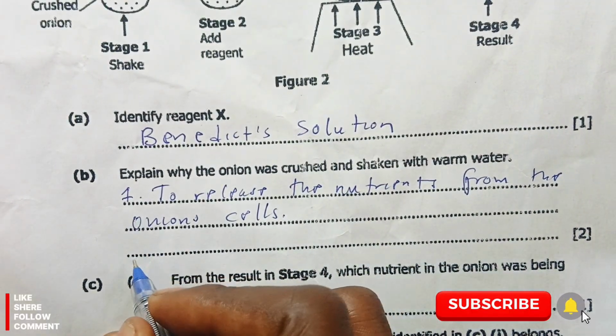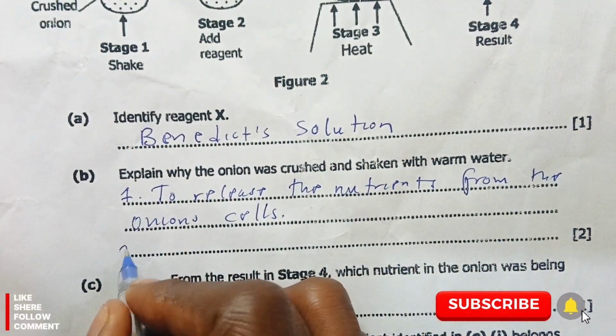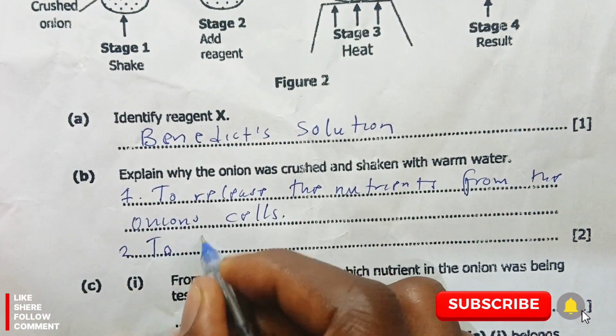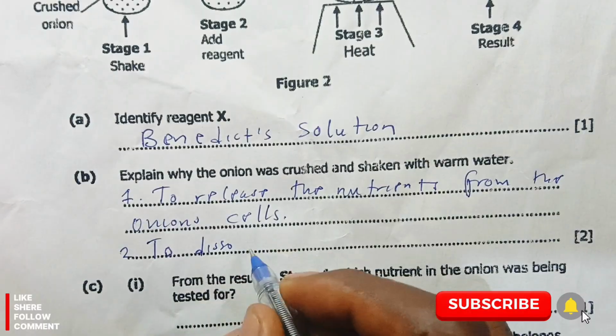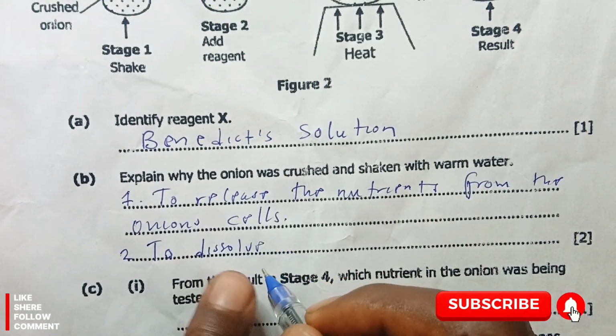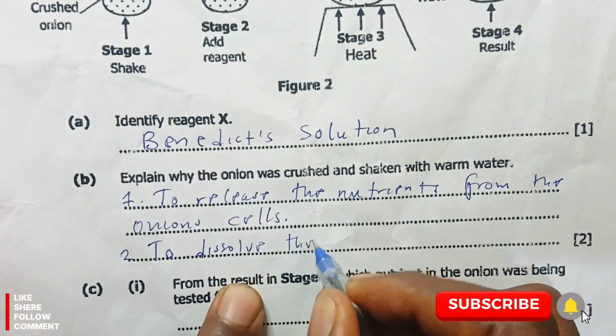Number two, to dissolve the nutrients into the water. It was 2 marks, that means you have to write at least 2 points.